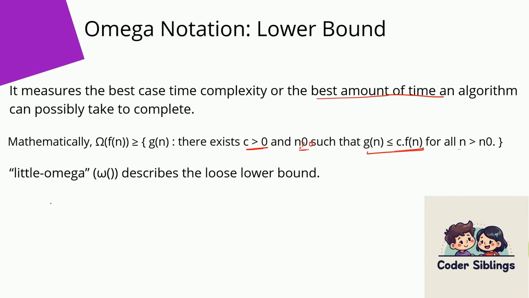So taking the function again, f of n as 2n plus 4, and g of n again as n, which is the order of growth function, we take n less than or equal to c times 2n plus 4.